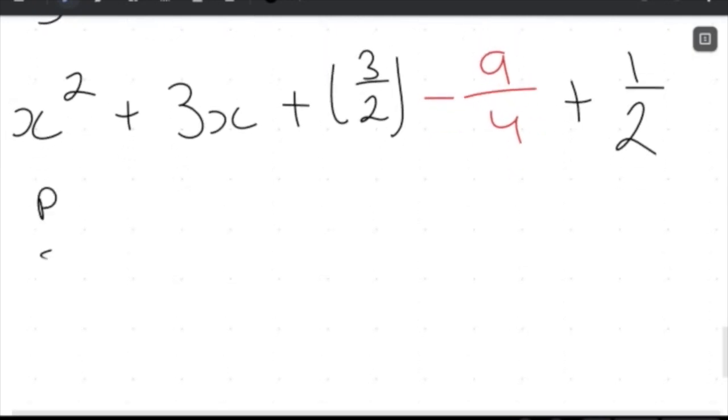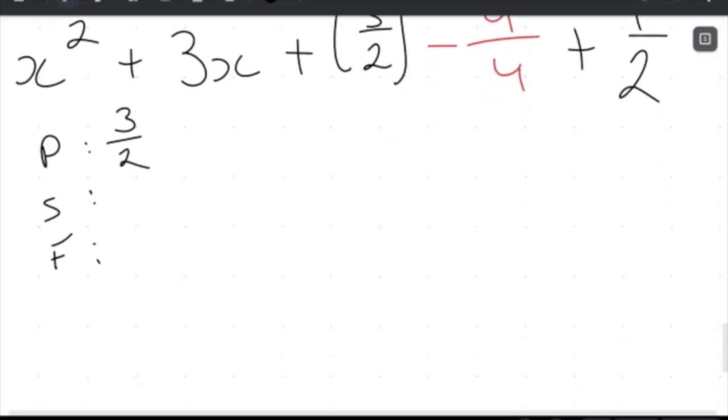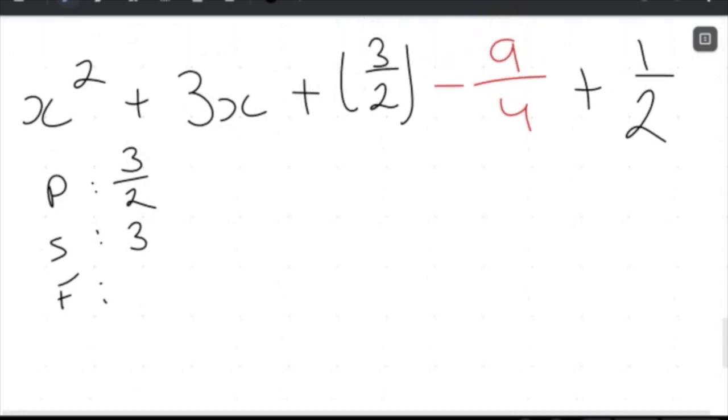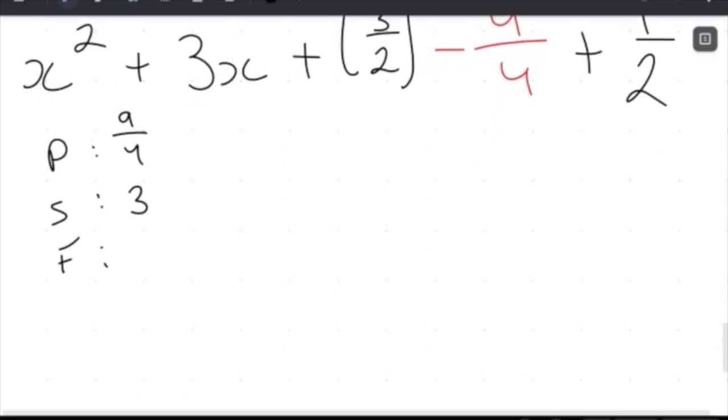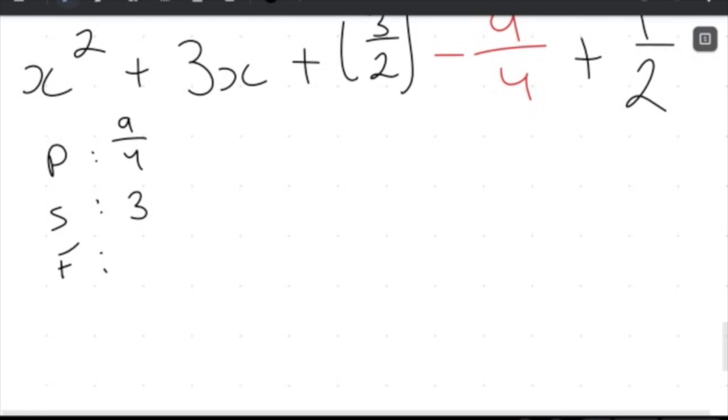Now, we want to factorize this using PSF, and it's a bit weird because we've got fractions, but we can still do something like this. We want two numbers that multiply to give me 3 on 2 squared, sorry, so we want them to multiply to give me 9 over 4 and add to give me 3.